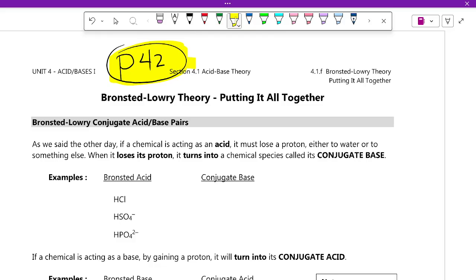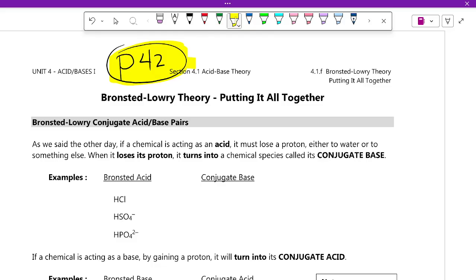What do we call the two chemicals, this chemical and this chemical together, the one with the hydrogen and the one without the hydrogen? Those two are called something.